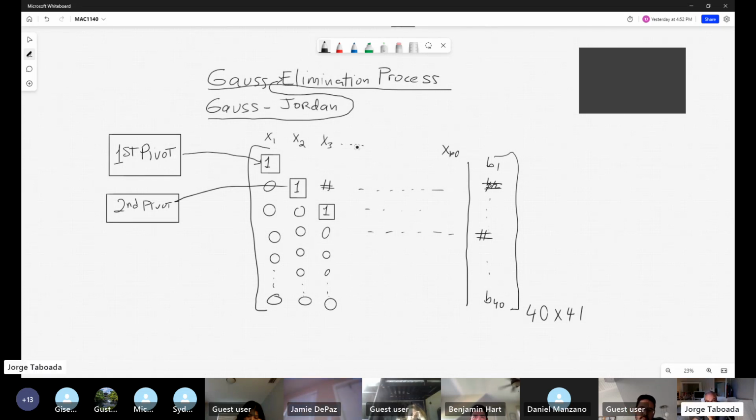Of course, you spend 2 weeks doing this by hand, or 2 months. And we continue in the column 3, in the column 4, sorry, you create a pivot, 0, 0, 0, 0. Until, tac, you end in the column 40, get one here, and the rest is 0, 0, 0, 0, 0.